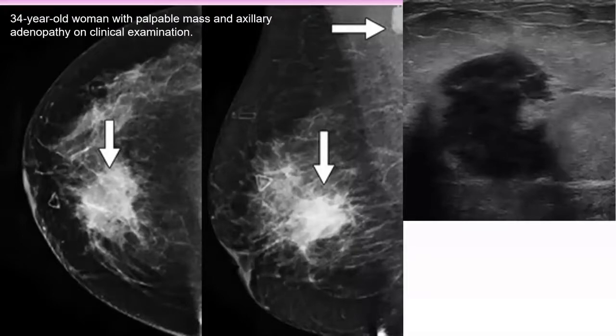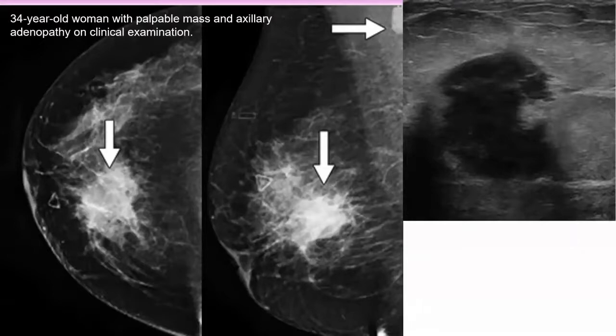This is the craniocaudal and mediolateral oblique view of the right breast, showing a high-density spiculated mass in the mid-center of the breast with associated microcalcification and adjacent retroareolar skin thickening, with a linear density projecting from the mass to the retroareolar region.